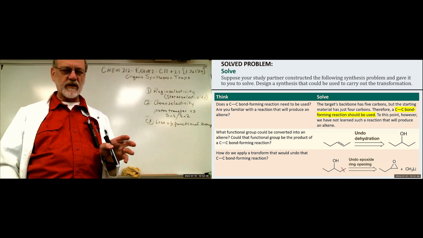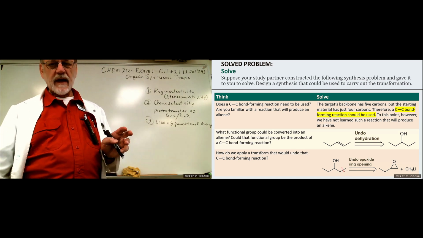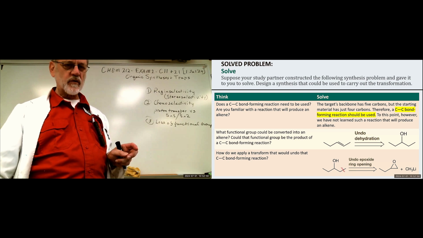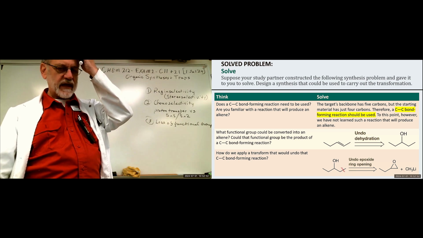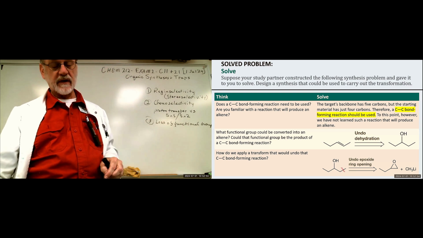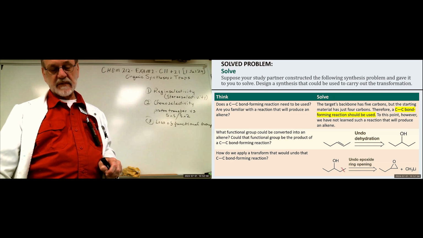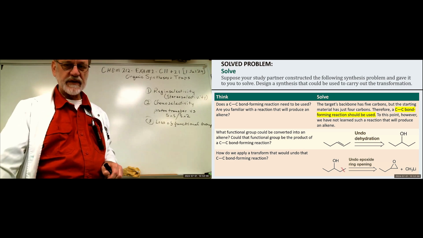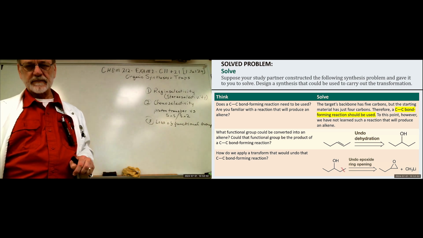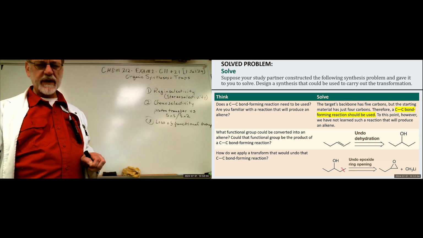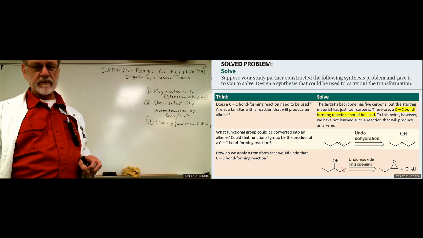We need to use that reaction. What functional group could be converted into an alkene? Well, alcohols can be converted into alkenes. We just undo a dehydration. Or we could undo an epoxide ring opening.